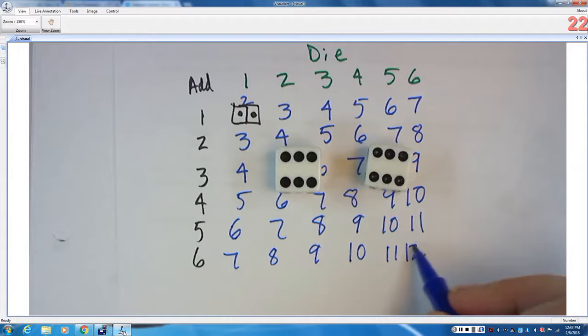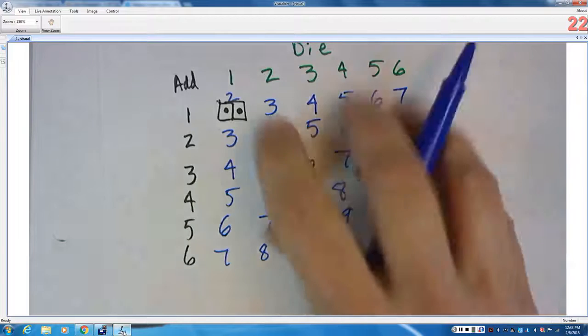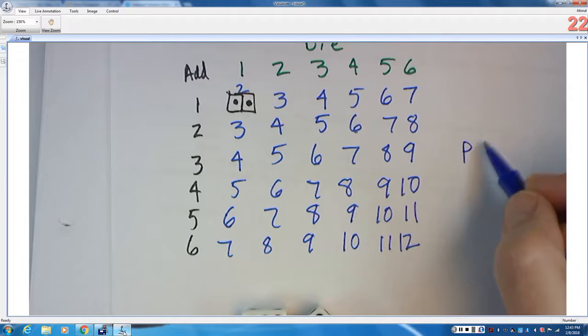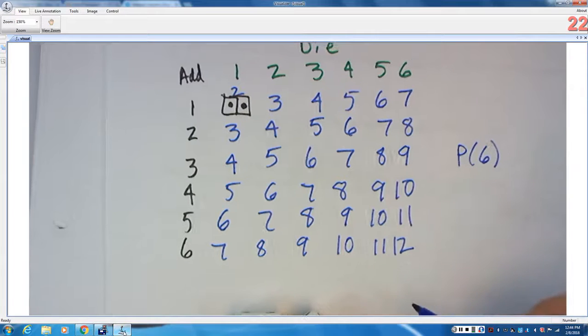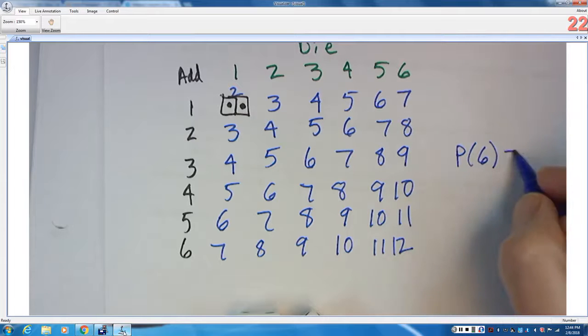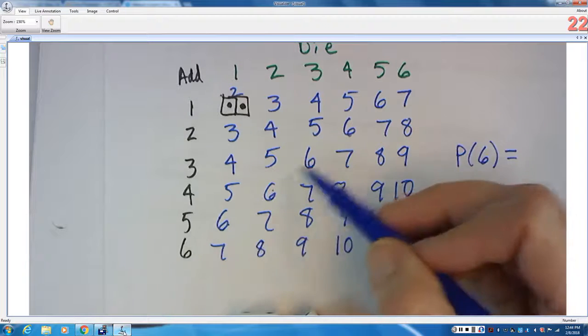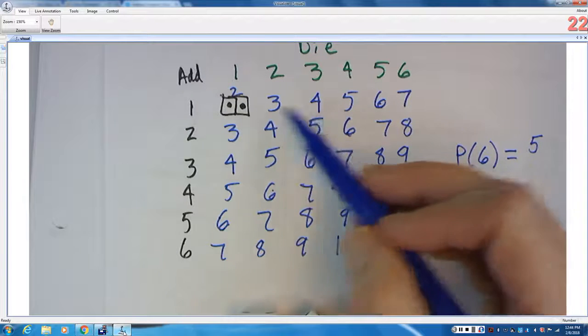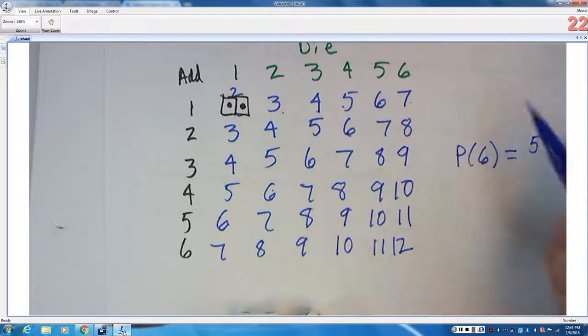There's only one way to roll those. So you could use this. If you want to know the probability of rolling a 6 on 2 fair 6-sided dice, it's the number of ways that you could roll a 6, 1, 2, 3, 4, 5 ways, out of 1, 2, 3, 4, 5, 6, out of 36 equally likely ways.